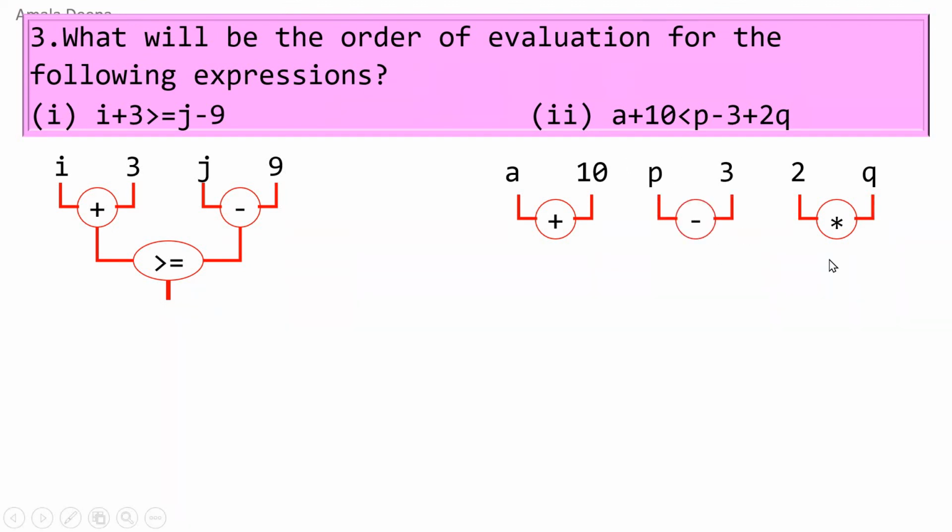And now p minus 3 and 2 into q you join with the addition operator plus. And the result of these two arithmetic expressions you join with the relational operator less than. And at the end, draw a short outgoing line to show the final result.